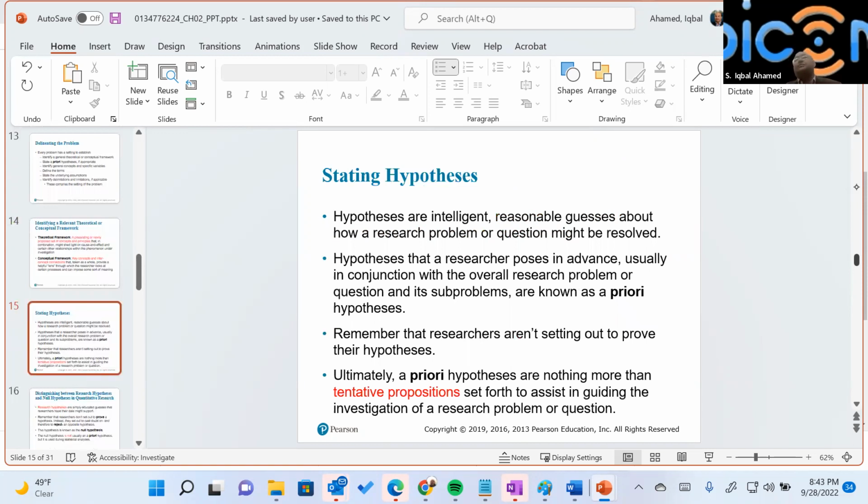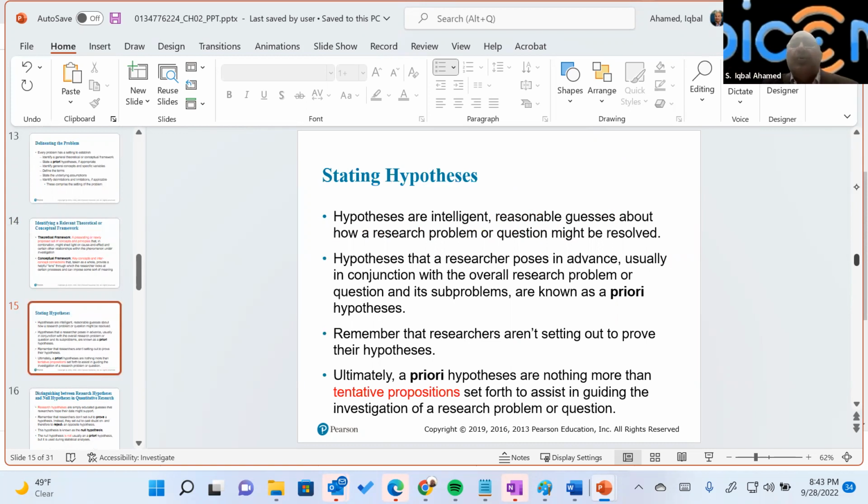Okay. So right now we know the problems, right? We don't know the problems, we know the sub-problems, and we say these are like aims. So what you do there is try to write the hypothesis. You try to really state the hypothesis.